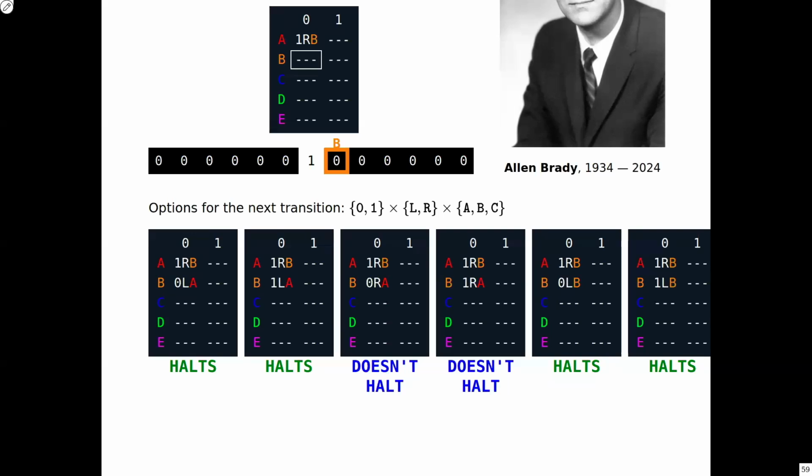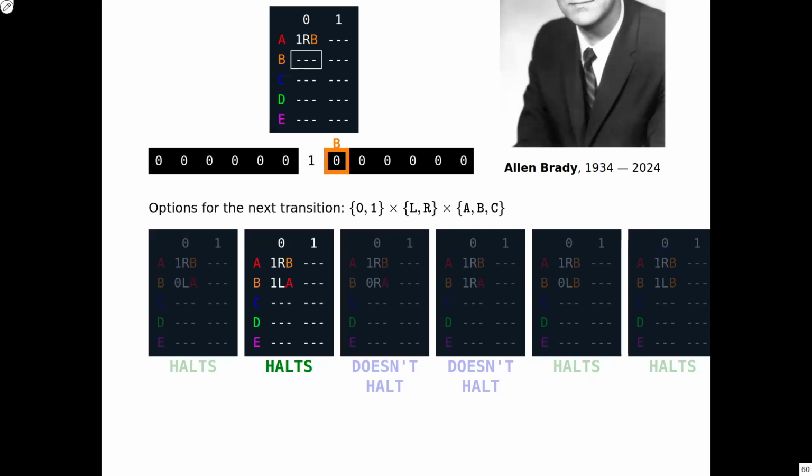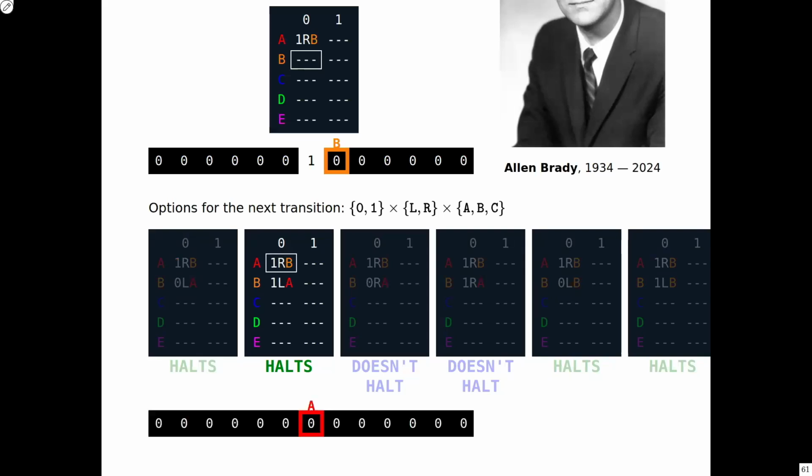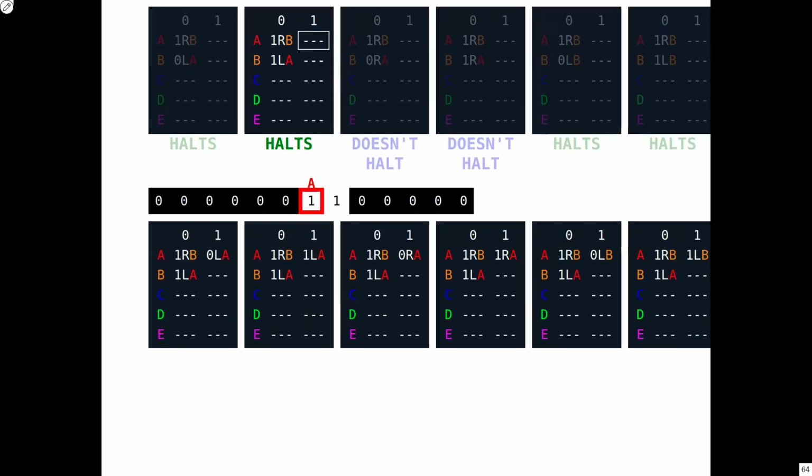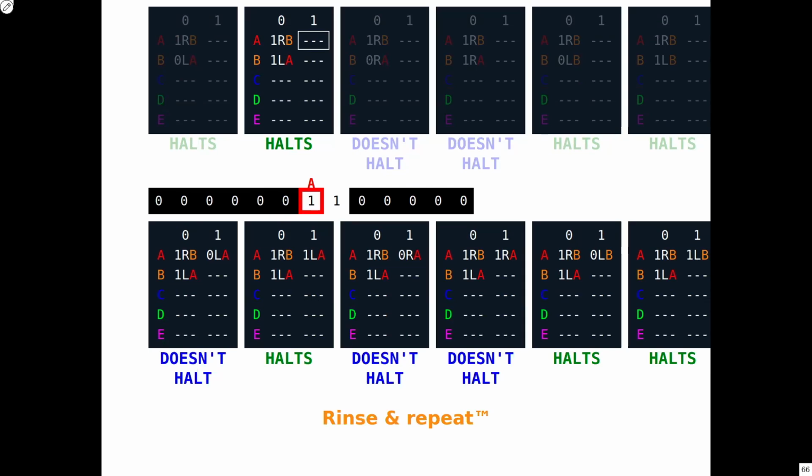And for those that do halt, again, let's pick one of those. You see where exactly it halts. It turns out it's this transition. So you fill them out, and this is rinse and repeat. You give them all to your decider pipeline, and you repeat this process, creating this kind of tree, such that in the end you get to the last undefined transition.